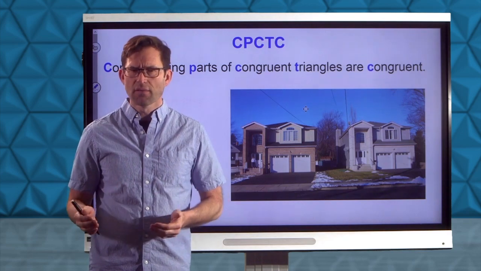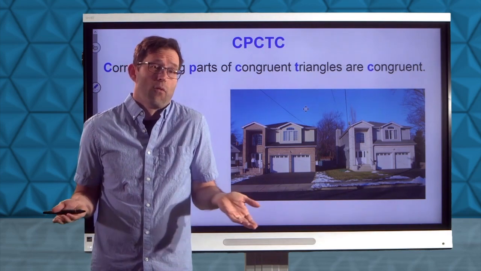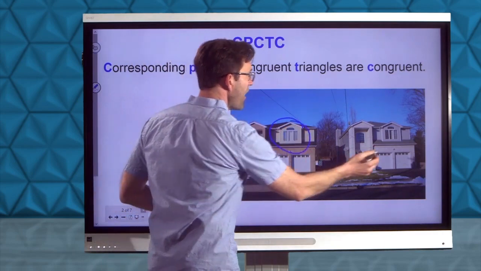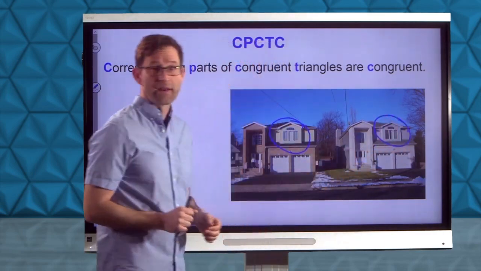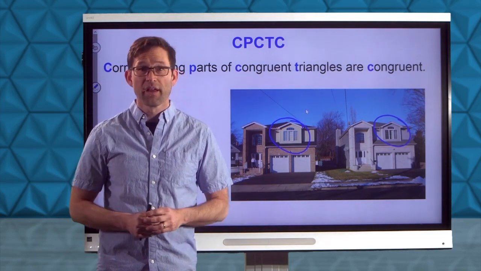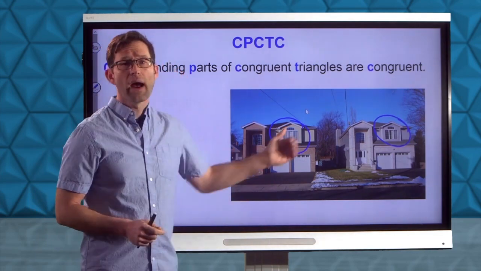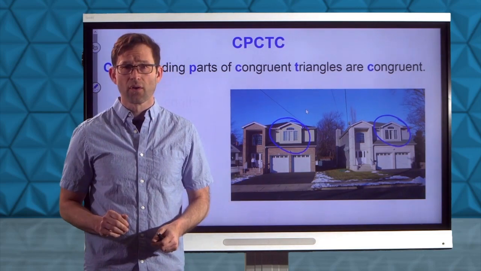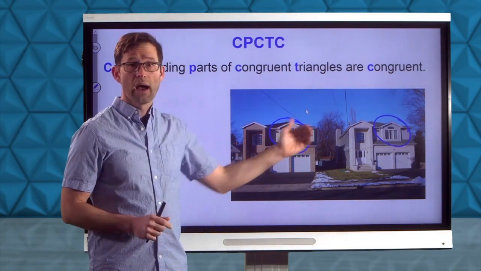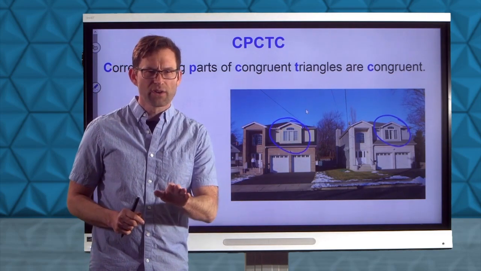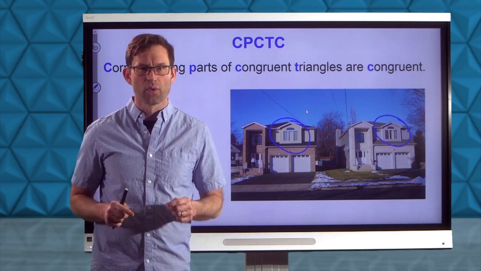So let's say I was trying to prove, for whatever reason, that this window and this window were identical. Well, I could use a line of reasoning that went something like this. These two houses are in a housing development where all the houses are identical. Because these two houses are in that location, they must be identical as well. Now, every time I say the word identical, you think congruent.